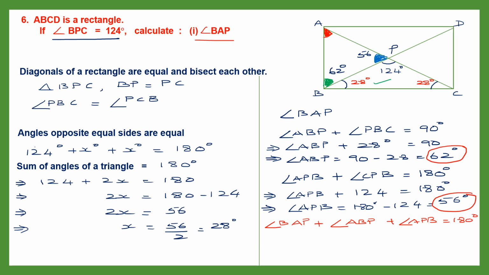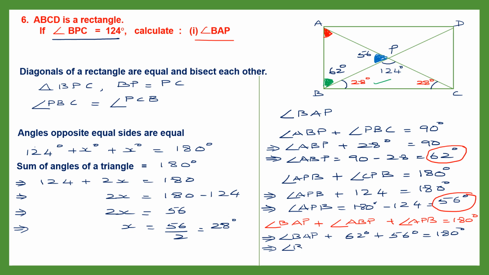So we have three angles here. BAP is what we're going to find out. Adding the other two angles should come to 180. So this is equal to angle BAP plus, how much is ABP? 62 degrees. How much is APB? 56 degrees. They must all add up to 180 degrees. So now we can find angle BAP.